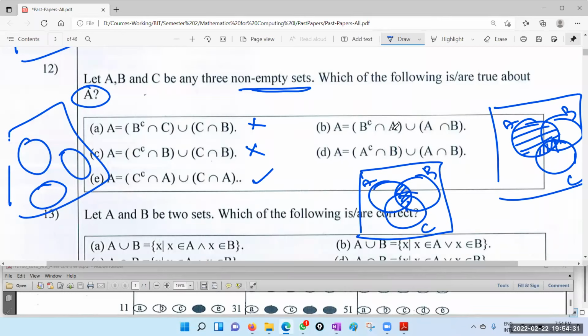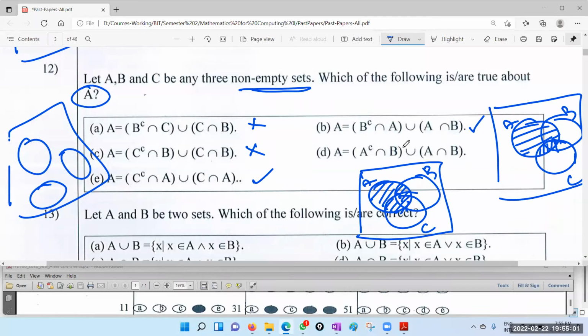Must belong to A and not belong to B, so that is this part. That is again A. Okay.